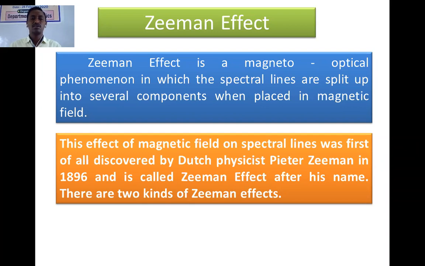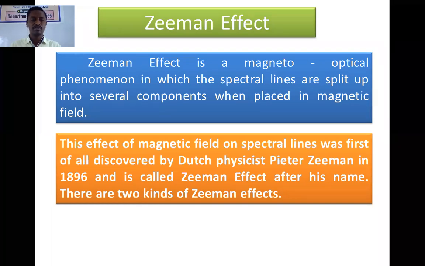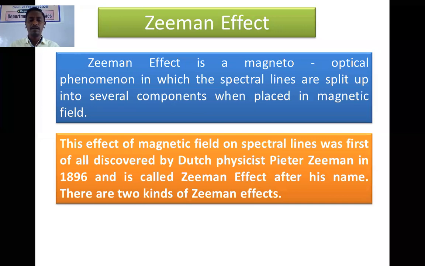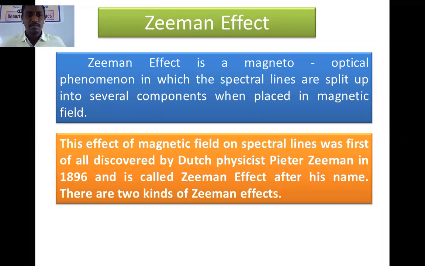This effect of magnetic field on spectral lines was first discovered by the Dutch physicist Peter Zeeman in 1896, and hence it is called the Zeeman effect after his name. Peter Zeeman studied the effect of various strengths of magnetic field on the spectral lines.